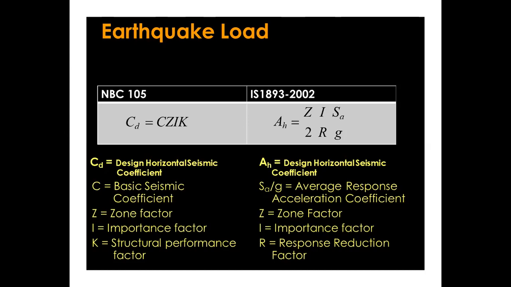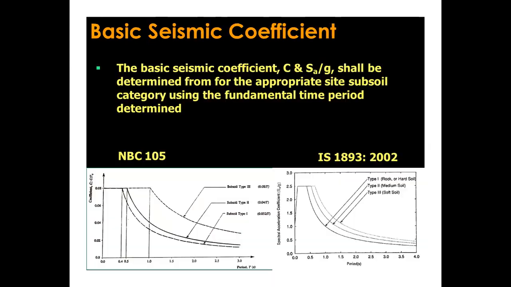Remember that we only consider IS 1893 2002. The information about NBC 105 is only for information, right? It is of no use for this chapter.